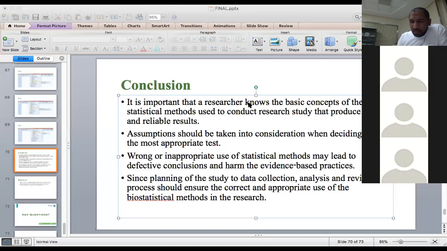Well, let me just differentiate between the interval and the ratio. Okay, thank you. Okay. Well, there are different types of numerical data. If I got your question correct, there are different types of data. We have what we call nominal, we have ordinal, we have interval, and we have ratio.